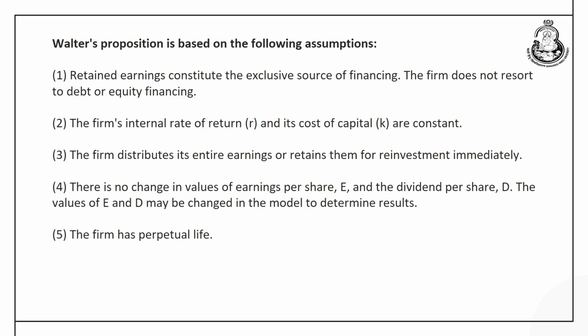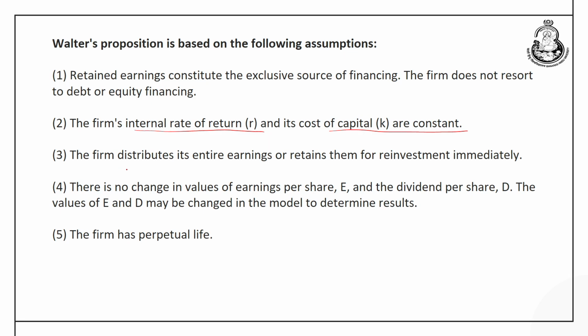What are the assumptions? Number one, the retained earnings constitute the exclusive source of finance. That means the company does not rely on debt or equity for financing the projects. Second assumption is that the firm's internal rate of return, that is R, and the cost of capital, K, will remain constant; they will not change.